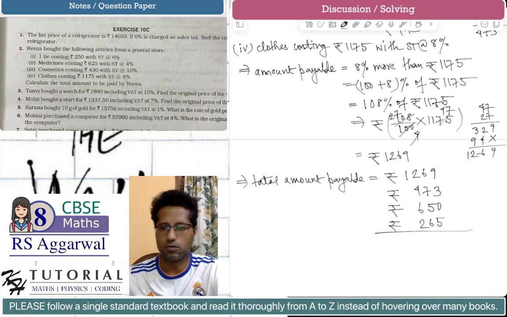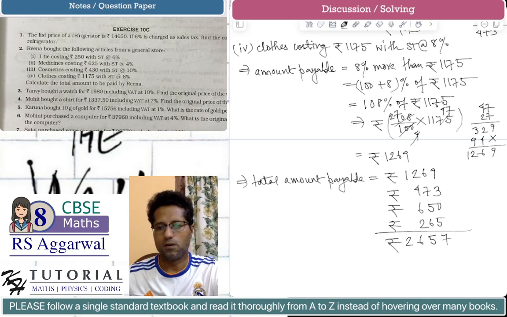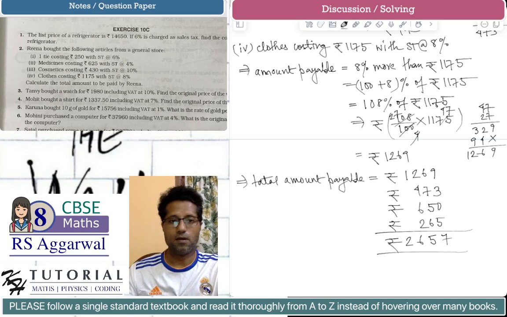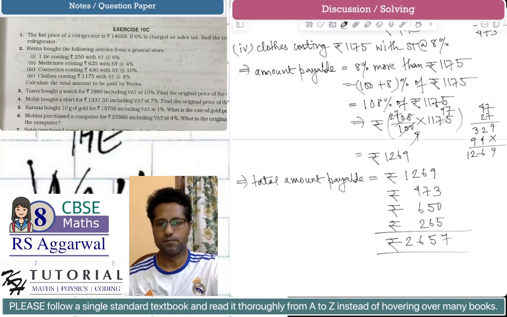So we have to do the total, and we get rupees 2657 as the total amount to be paid by Rina.